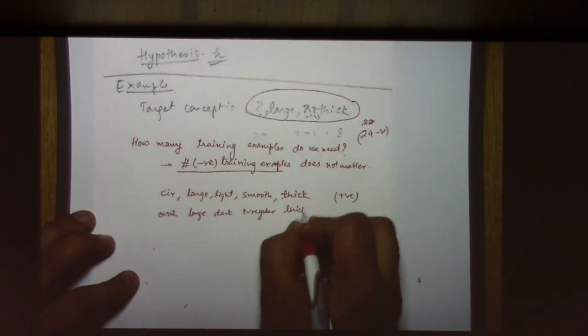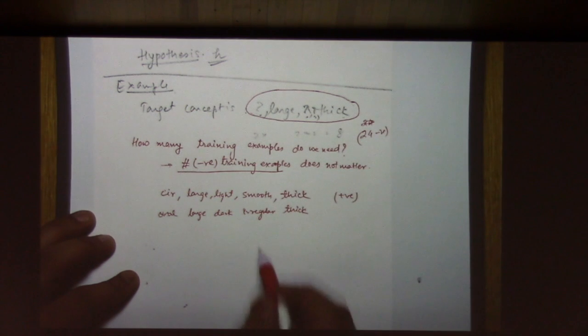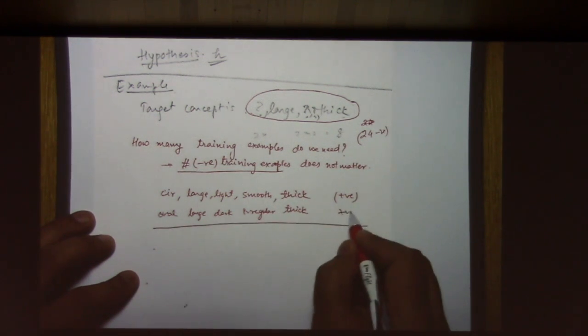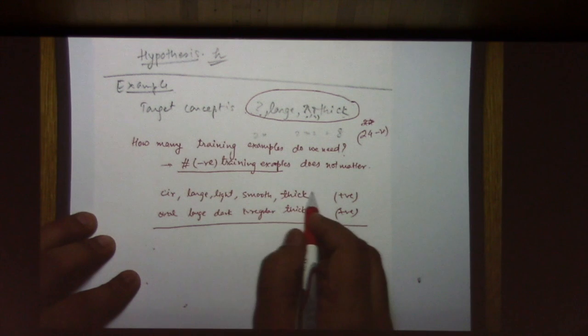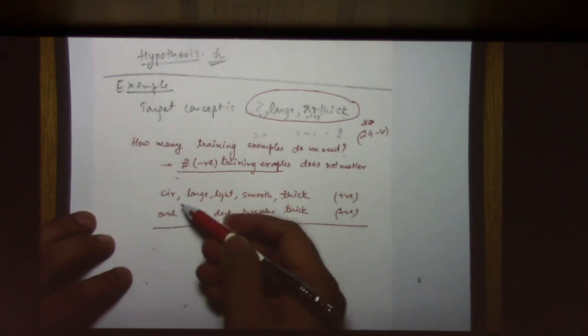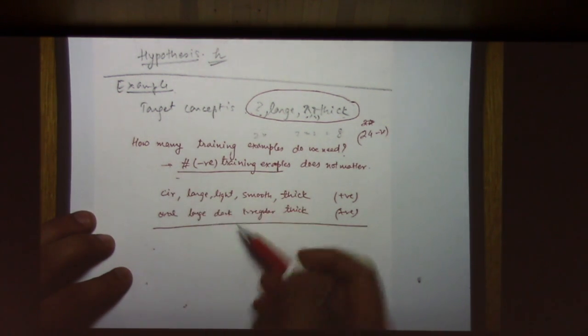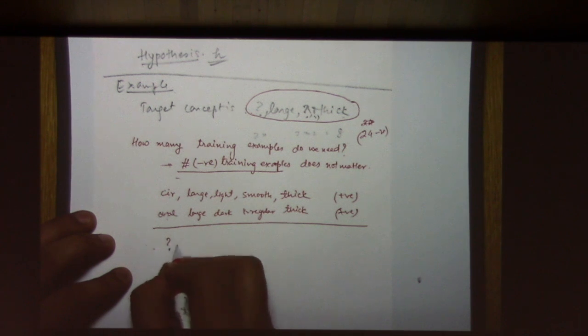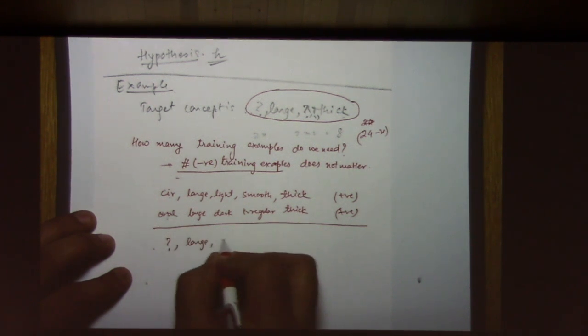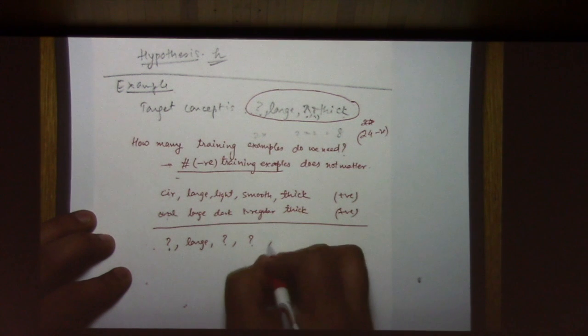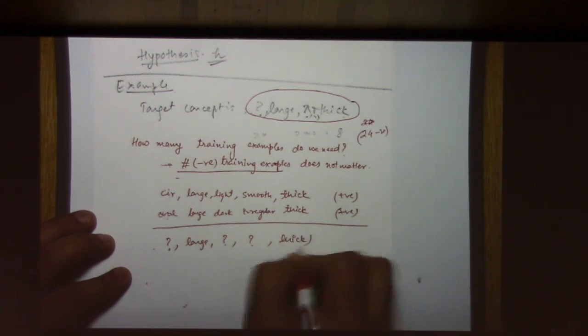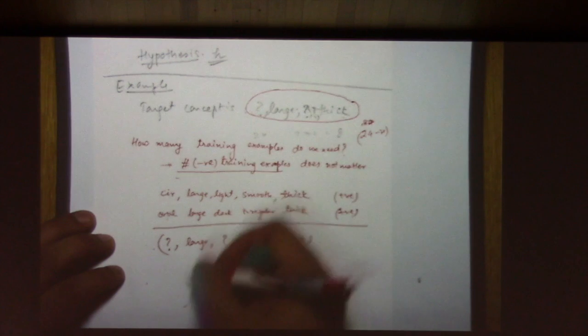Now remember, this is our target that you want to learn. In the first step, your hypothesis will be the first example, and in the second step, you will do a pairwise AND with this. So you will mark question mark, question mark, large, question mark, and thick.